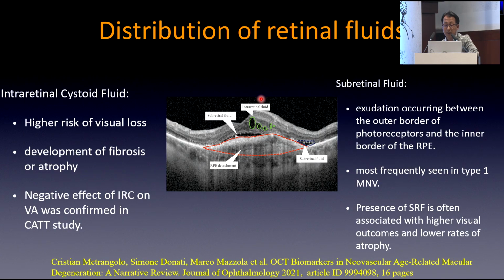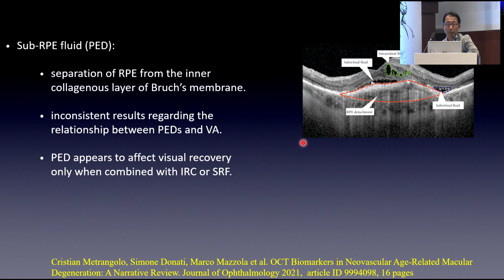Here you can see this intraretinal fluid, which is usually a poor prognostic sign, and subretinal fluid here, and this sub-RPE fluid, in this area.